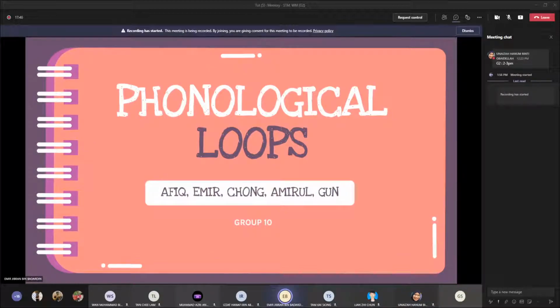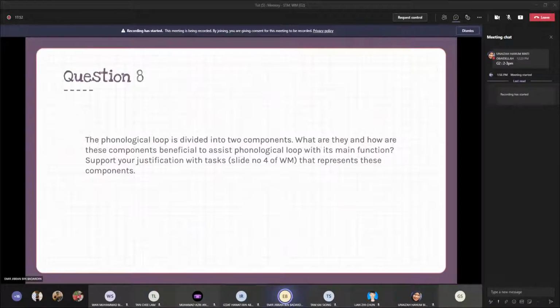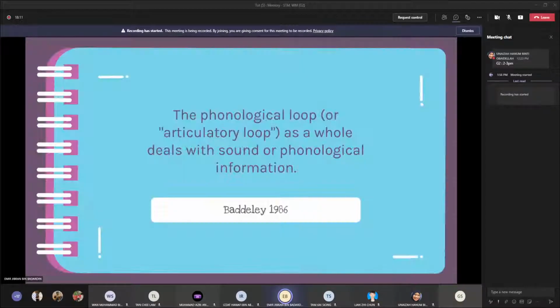Today, me and Afiq will be presenting about the phonological loop for Group 10. So the question is, the phonological loop is divided into two components. What are they and how are these components beneficial to assist the phonological loop with its main function? Support your justification with tasks in the lecture slide that represent these components.